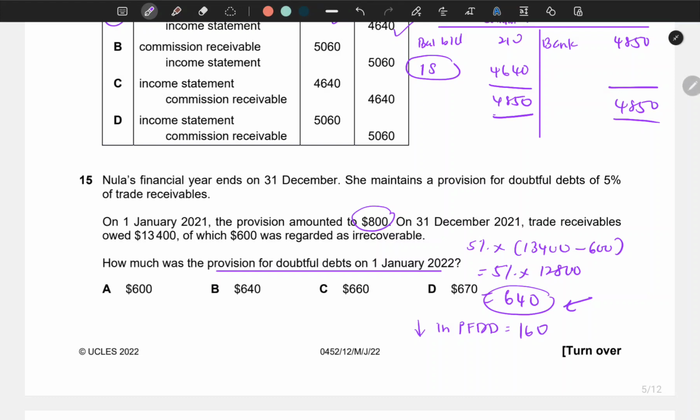So the answer is B. Unless the question asks how much will be transferred to the income statement, the answer will be 160, because a decrease in provision for doubtful debt will be treated as other income. So you need to transfer to the income statement.